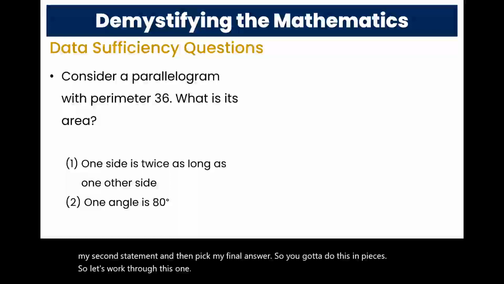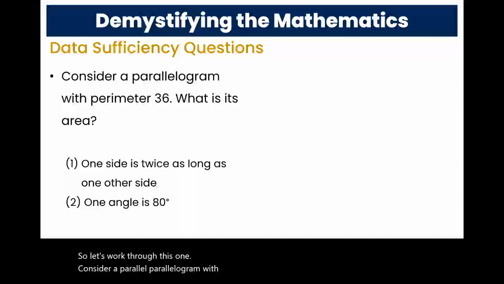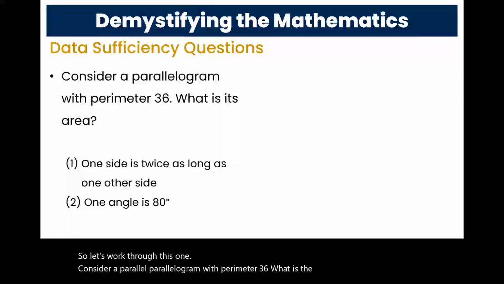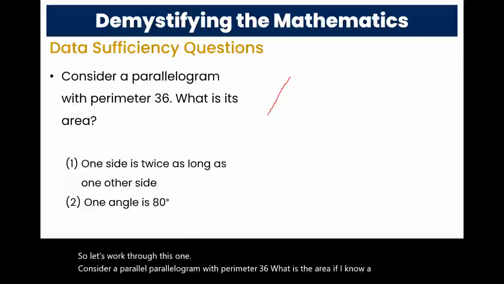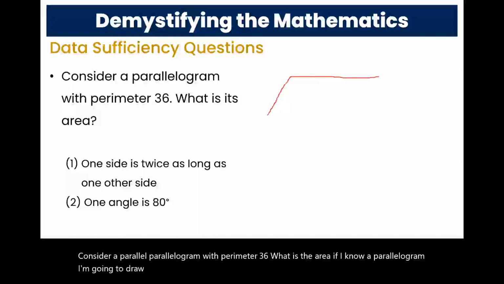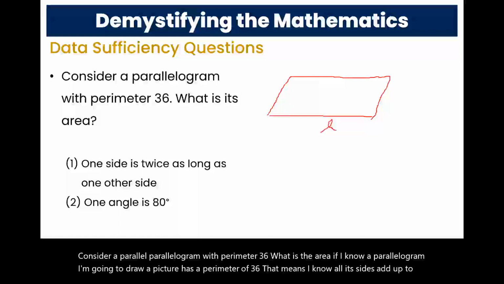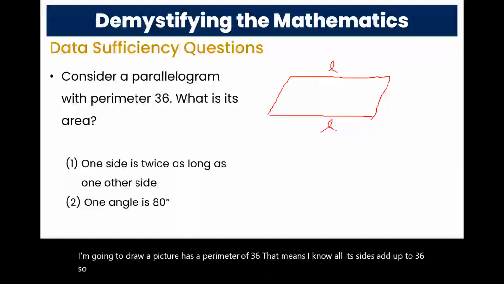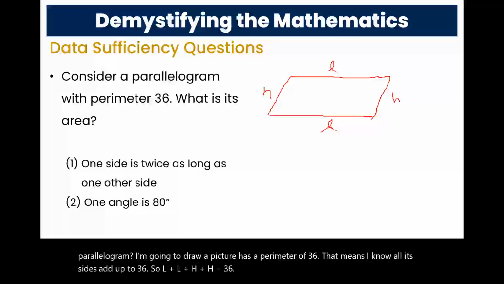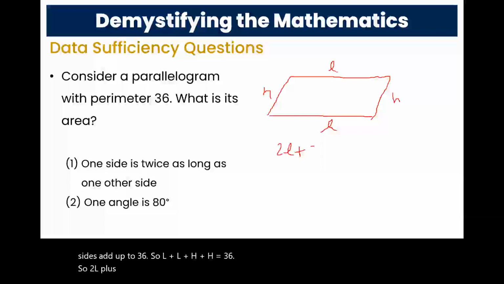Consider a parallelogram with a perimeter of 36. What is the area? If I know a parallelogram, I'm going to draw a picture, has a perimeter of 36, that means I know all its sides add up to 36. So L plus H plus L plus H equals 36, so 2L plus 2H equals 36.